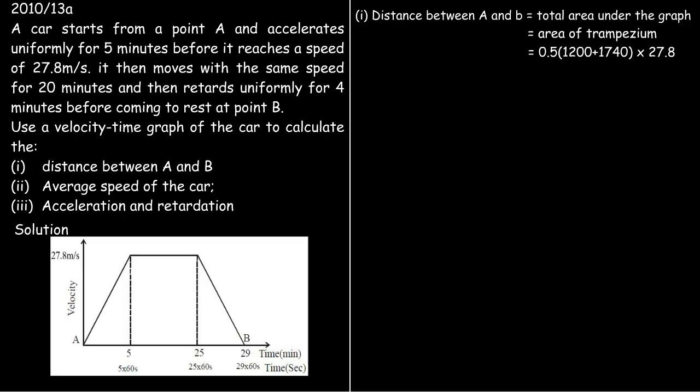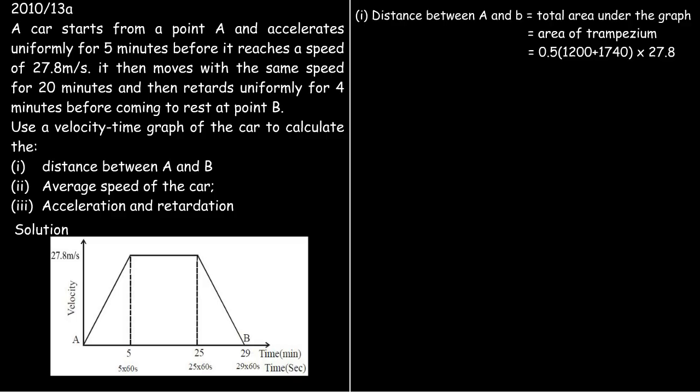Now I think it is important to put more light on how we got 1200 and 1740. We converted our time from minutes to seconds. The total time was 29 minutes, and converting 29 minutes to seconds is 29 times 60, which is 1740.